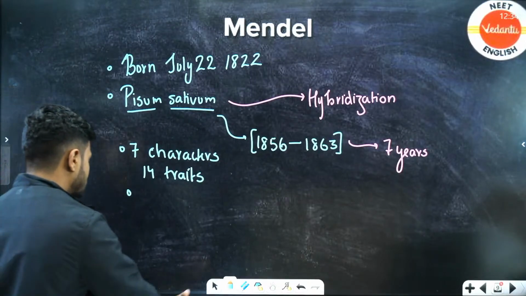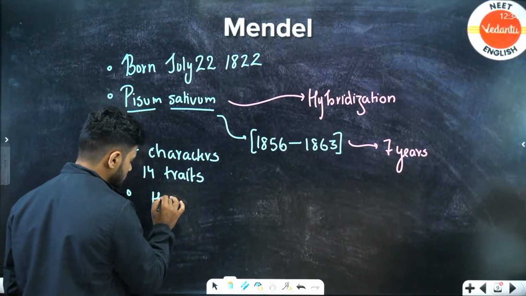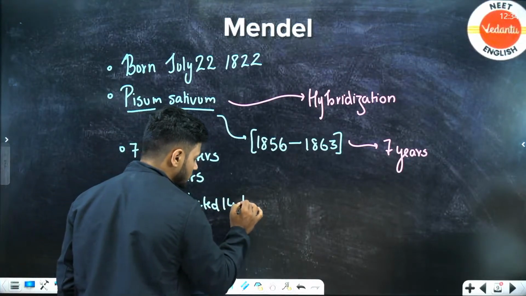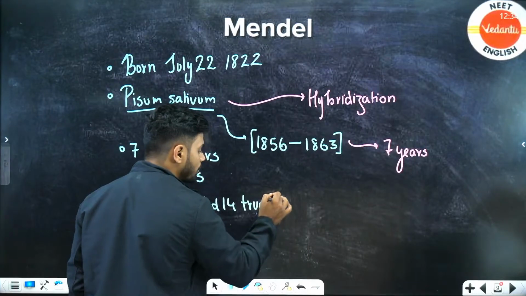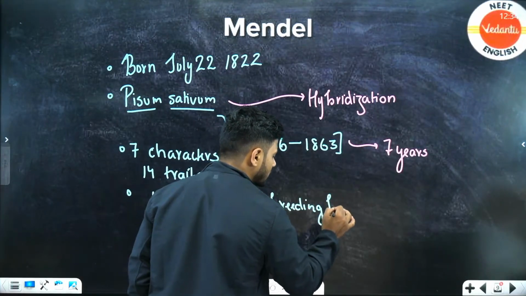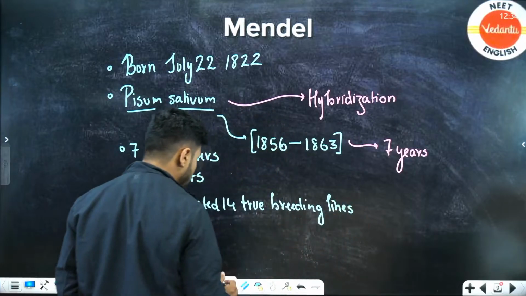He selected 14 true breeding lines. Now what is a true breeding line, students?